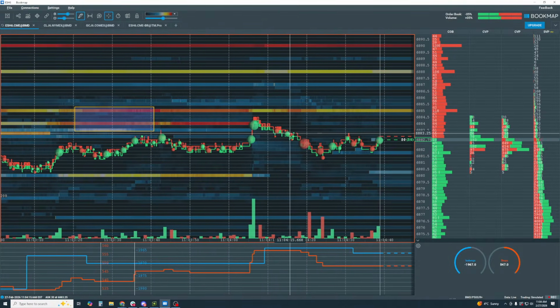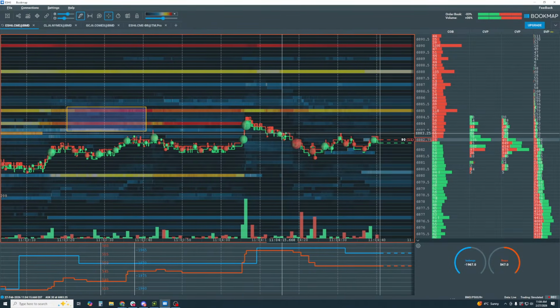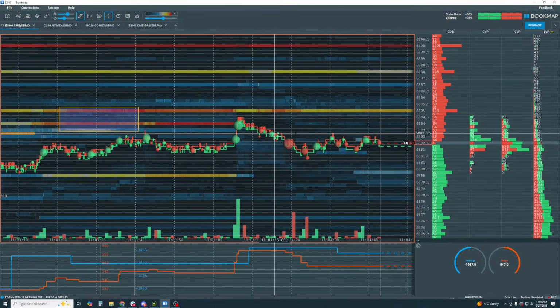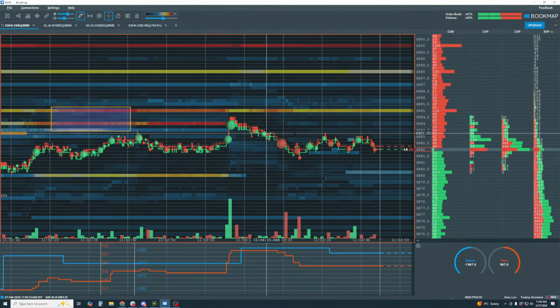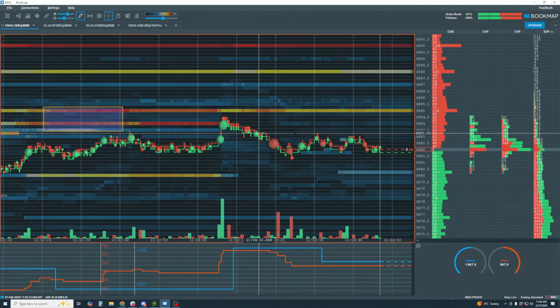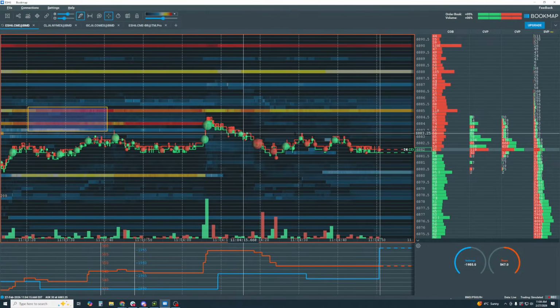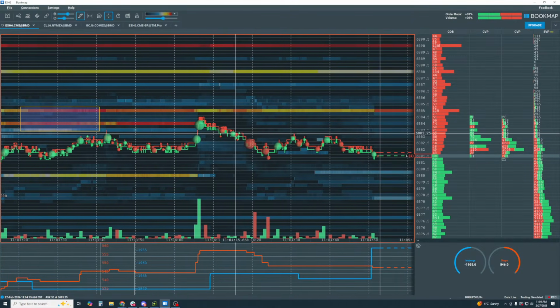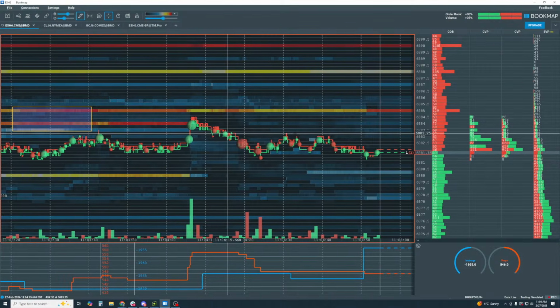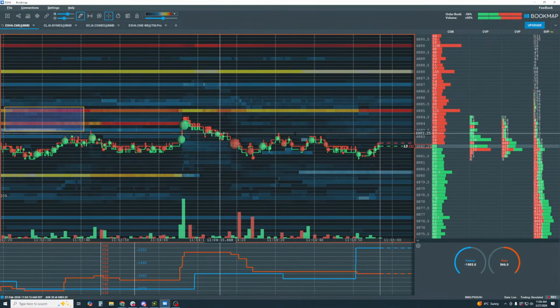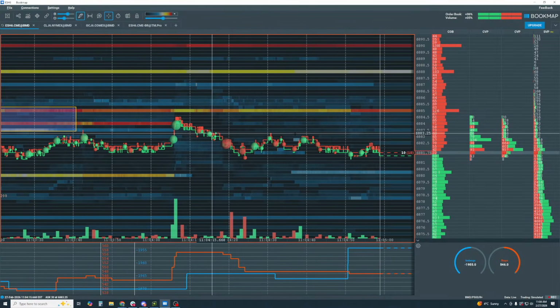Look at a very simple question: what's going to stop the market from going higher? And this is not trying to get tricky or anything like this. In fact, we're getting down to the fundamentals, the market mechanics. This is how the market works.